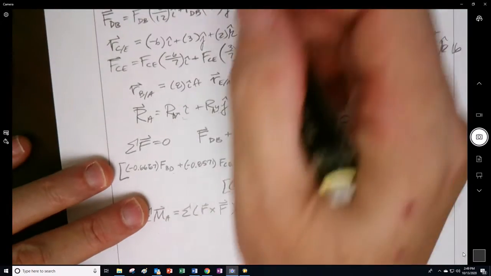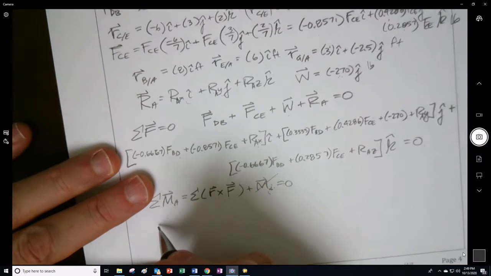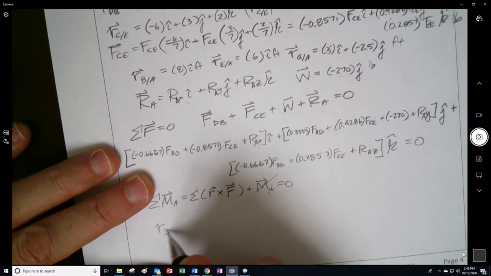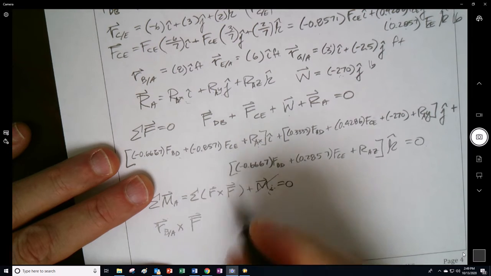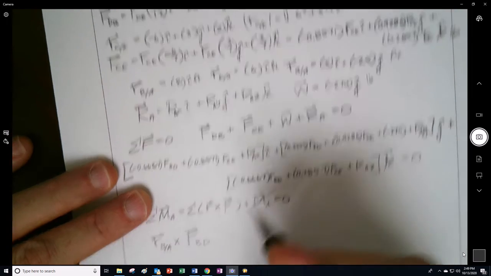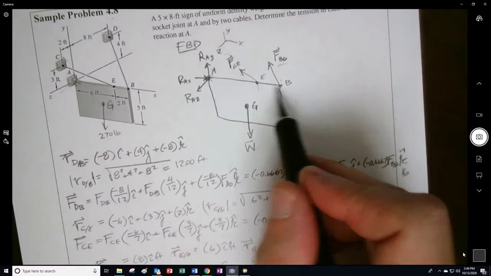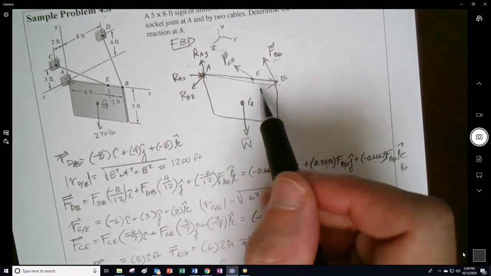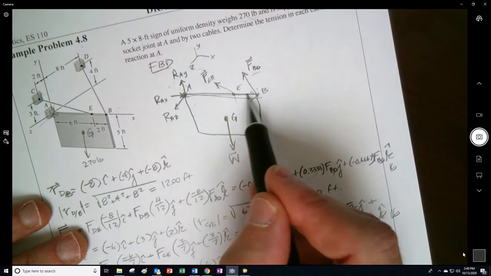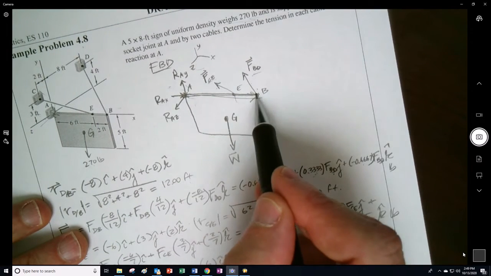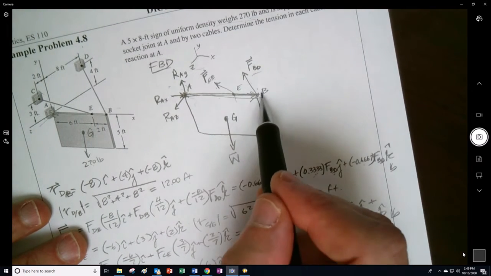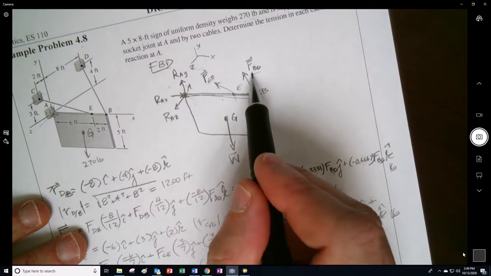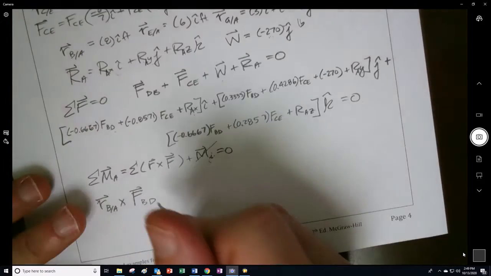So let's go one by one. Let's go to this guy first. He's going to be the r of B with respect to A, crossed with FBD. Here's the position vector, comes to right there. We're not going to draw it in there, but that's the position vector B with respect to A, and it's crossed against FBD.